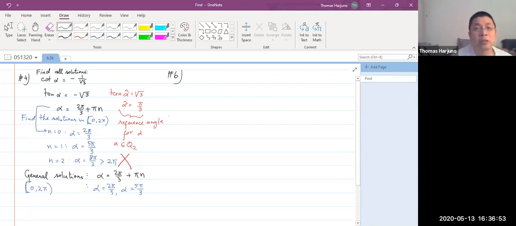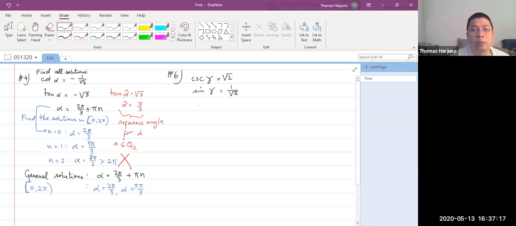Number 6, cosecant gamma equals radical 2. Again, I don't memorize cosecant. Let me change to the reciprocal. That's sine gamma equals 1 over radical 2.